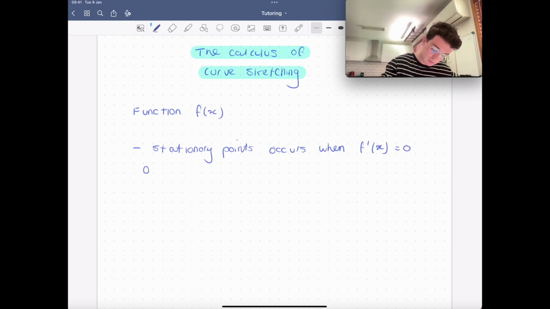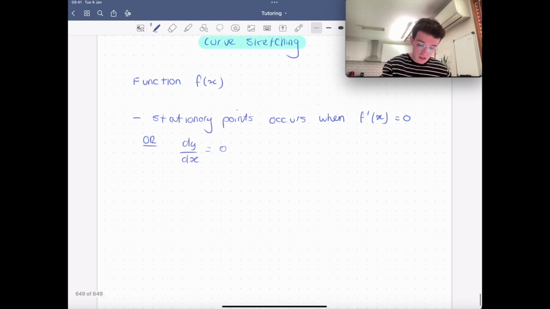In other words, stationary points occur when dy/dx is equal to 0.